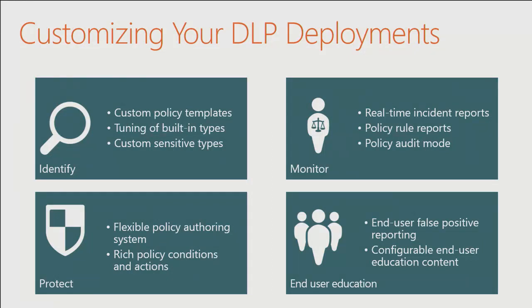That's something else that's quite handy. It's a small feature, but it will really make a difference in your deployments in terms of being able to set up your policies the way you'd expect them to act, and then put them in audit mode so you can see what they would do if they were actually enabled. That's, again, putting the end user first, understanding what the impact of your deployment is before you actually have unhappy users on your hands.